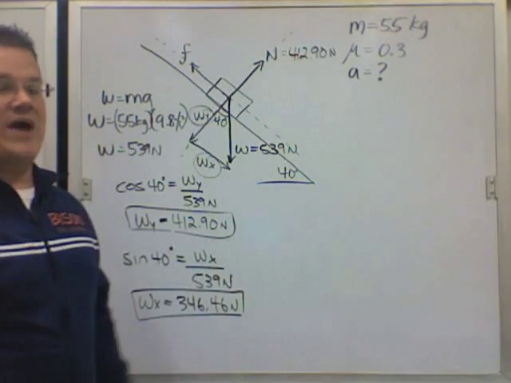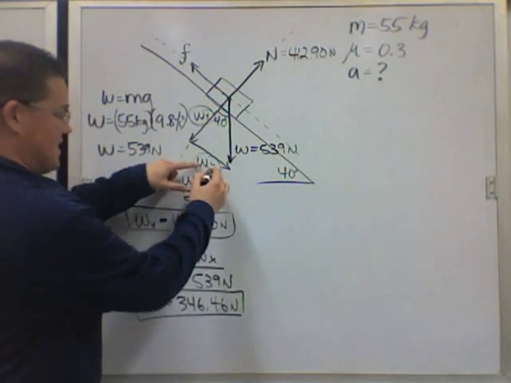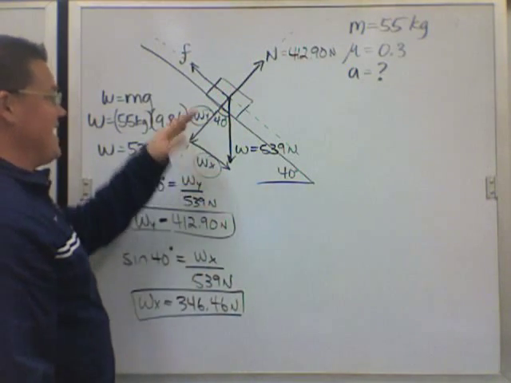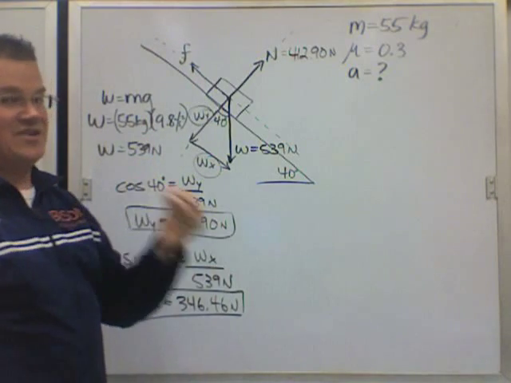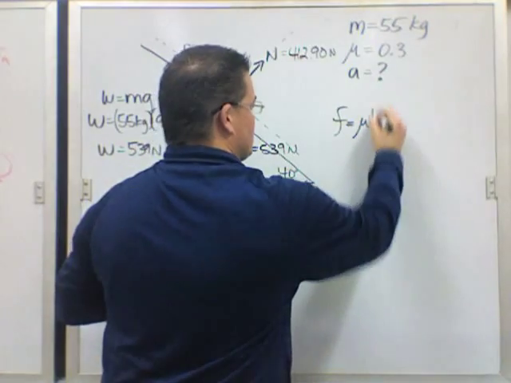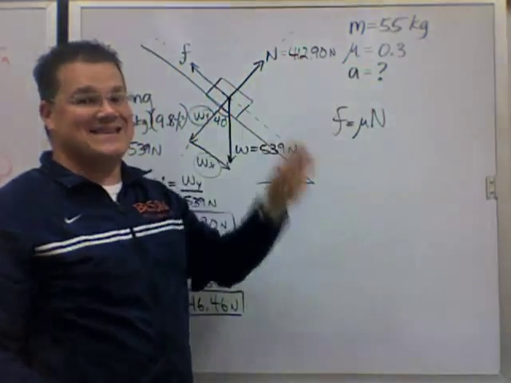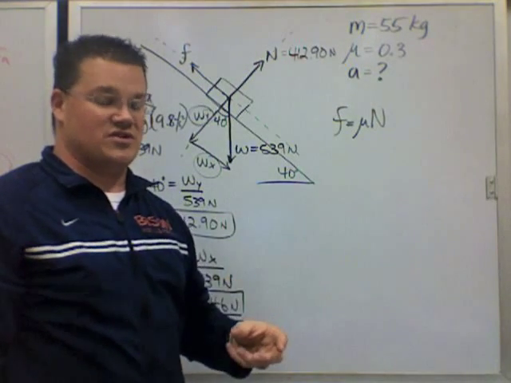Great. Why do I care what the normal is? Well, I've got Wx down here. Wx is 346. I know that there's a force going up the hill. I need to solve for that, and that's friction. Friction is mu times the normal force. You were given mu in the problem, but that is not the actual force of friction. It's the coefficient of friction.